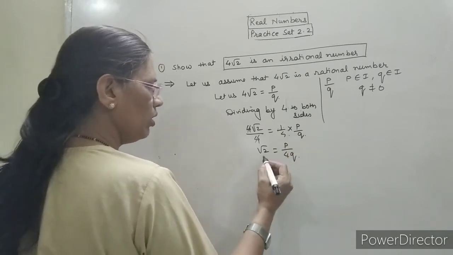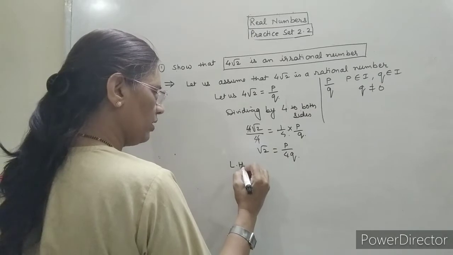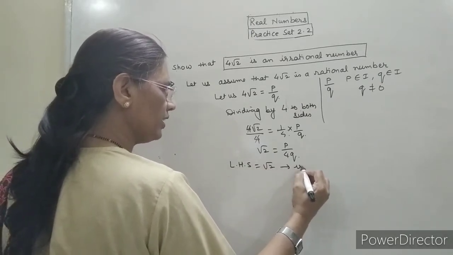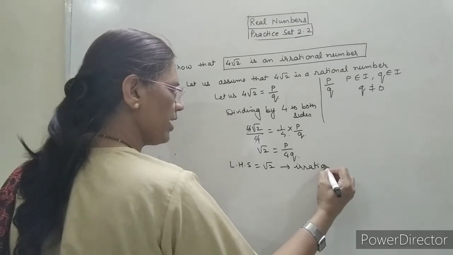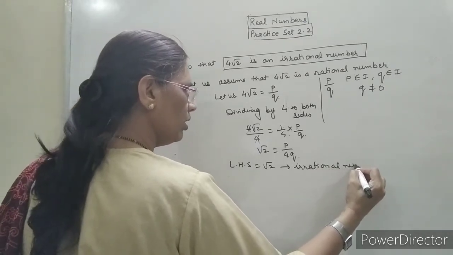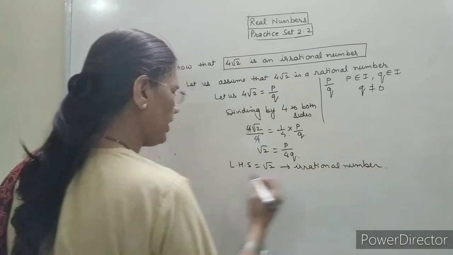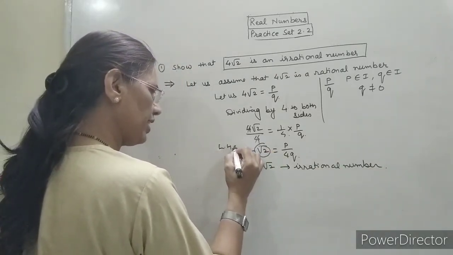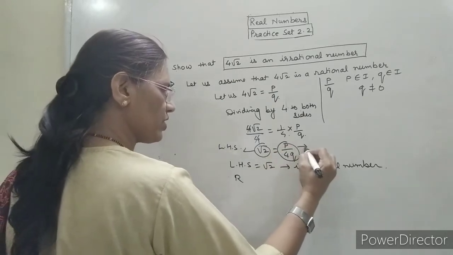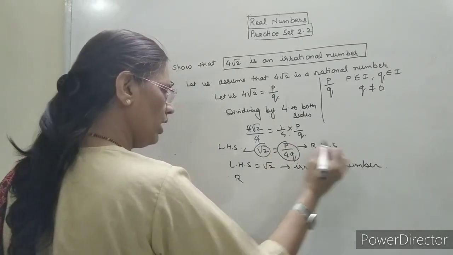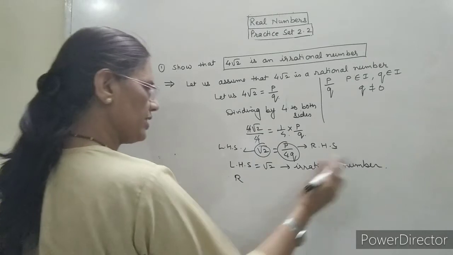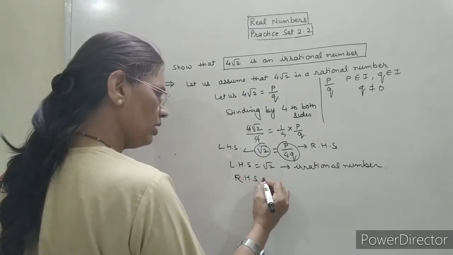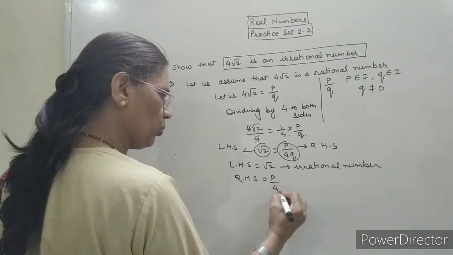Right? Now the left hand side is square root 2 and this is an irrational number, and this is the RHS, the right hand side. So our LHS is square root 2, an irrational number, and RHS is P upon 4Q.